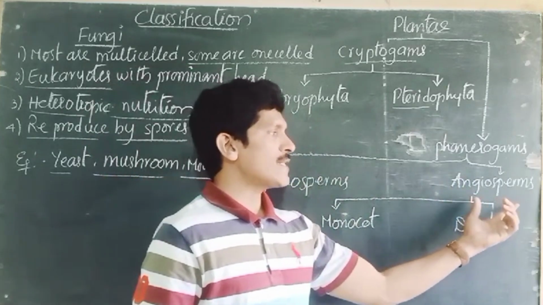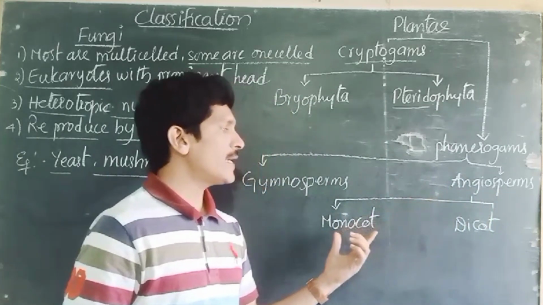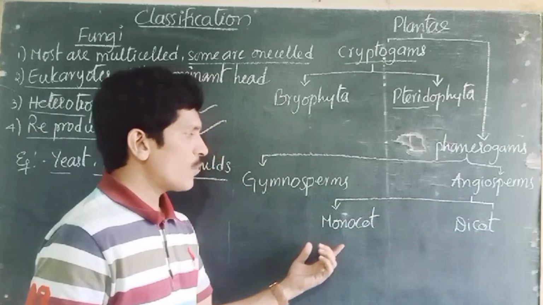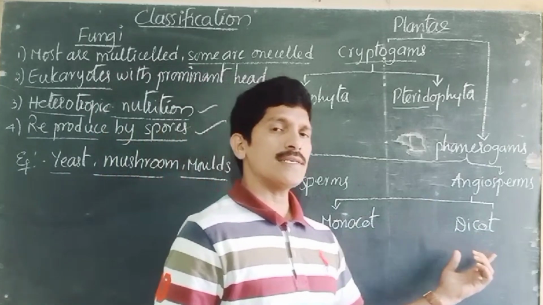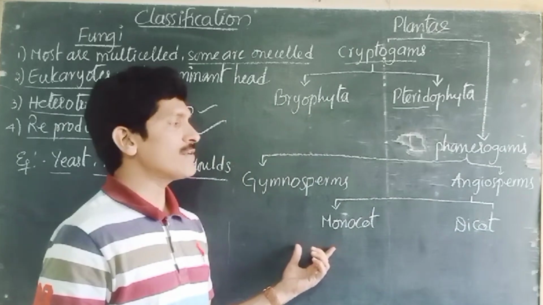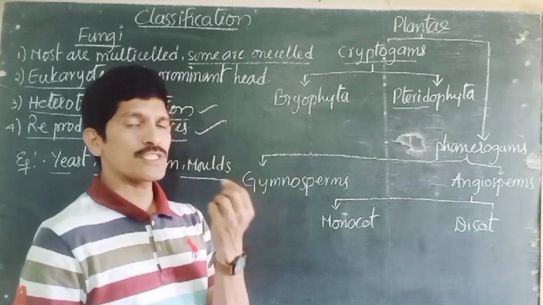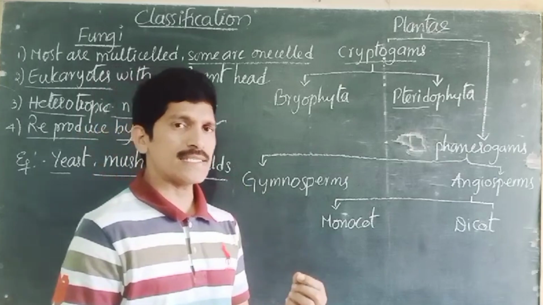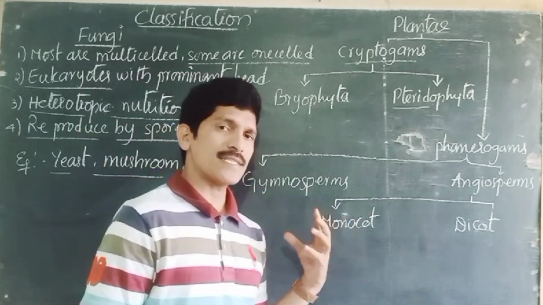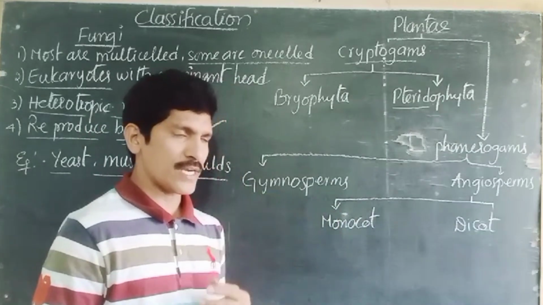fruit. These angiosperms are again classified into two subgroups: monocot and dicot. Monocotyledons means the seed contains a single portion. For example, rice and wheat are the best examples of monocots, with seeds containing only one portion.